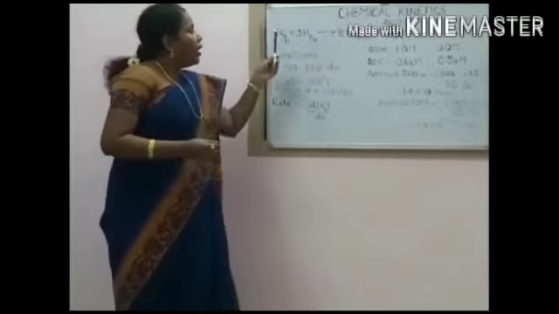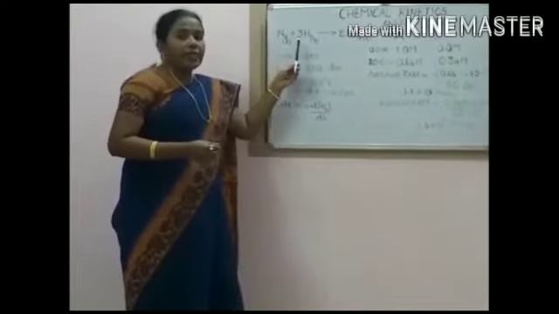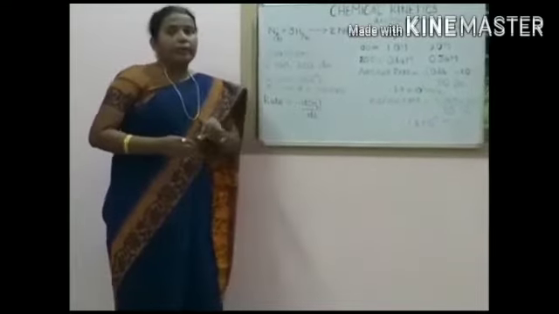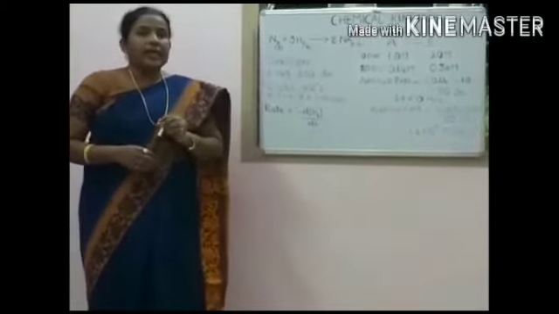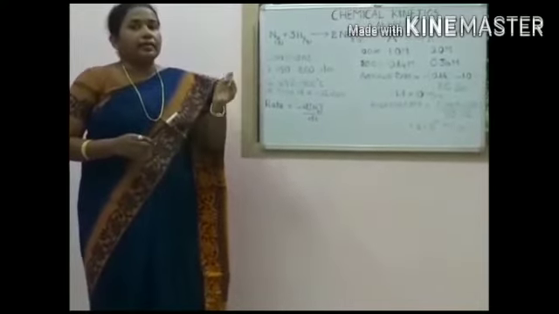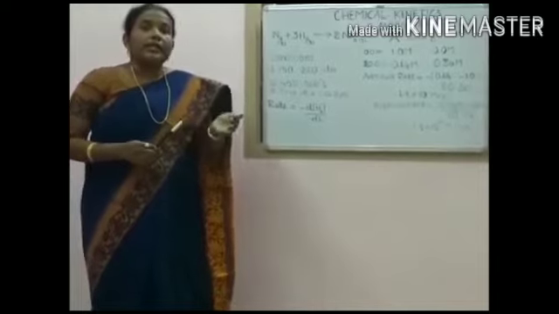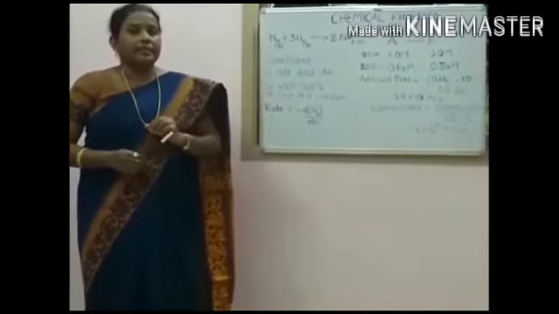Here, nitrogen and hydrogen are reactants and ammonia is the product. Generally, as the reaction proceeds, the concentration of the reactant decreases and the concentration of the product increases.